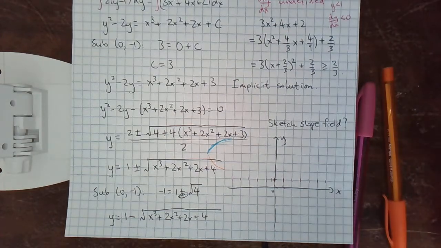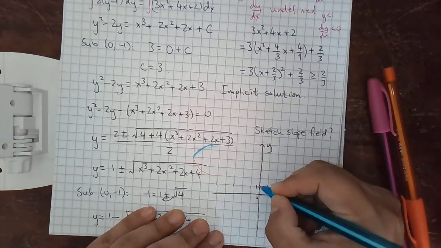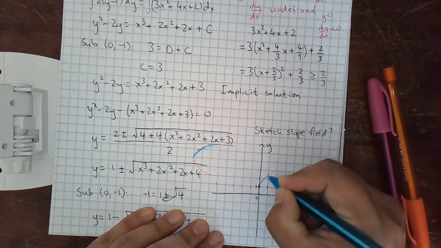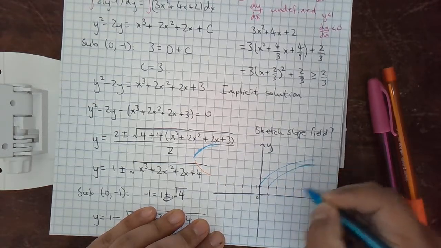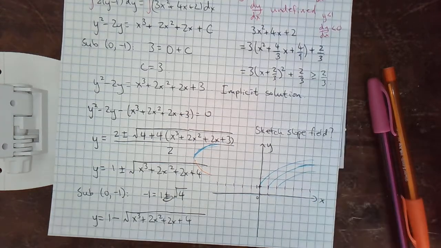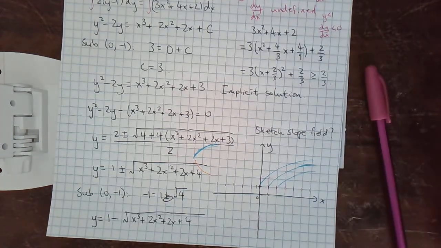So then what I'm going to do is I'm just going to sketch out these solution curves. Because if I follow the slope field, that is what happens. I end up sketching out solution curves. So I get something like that.